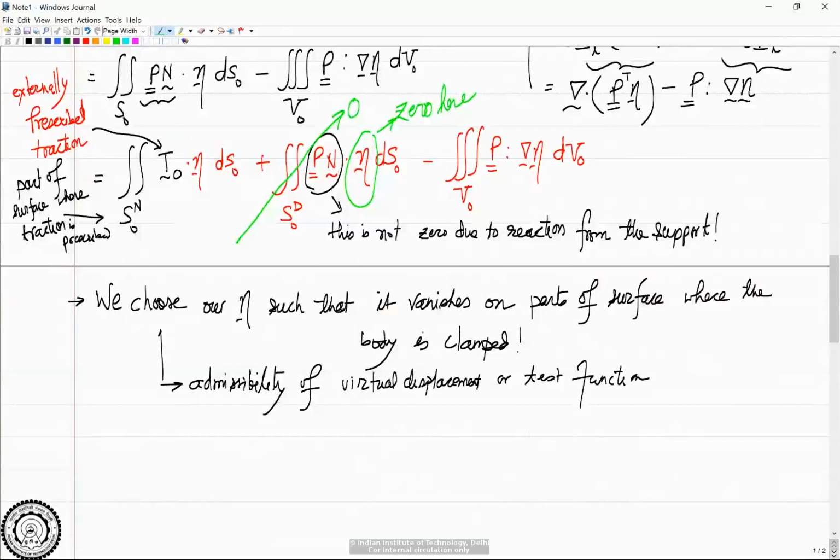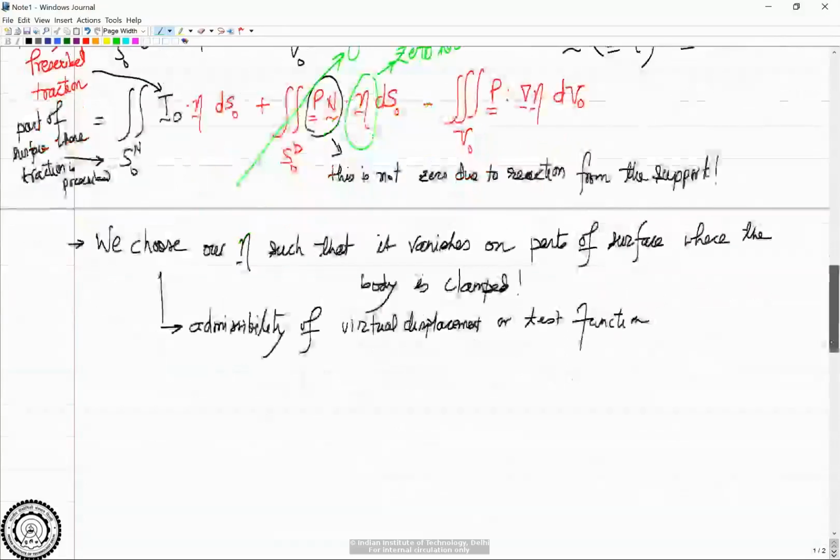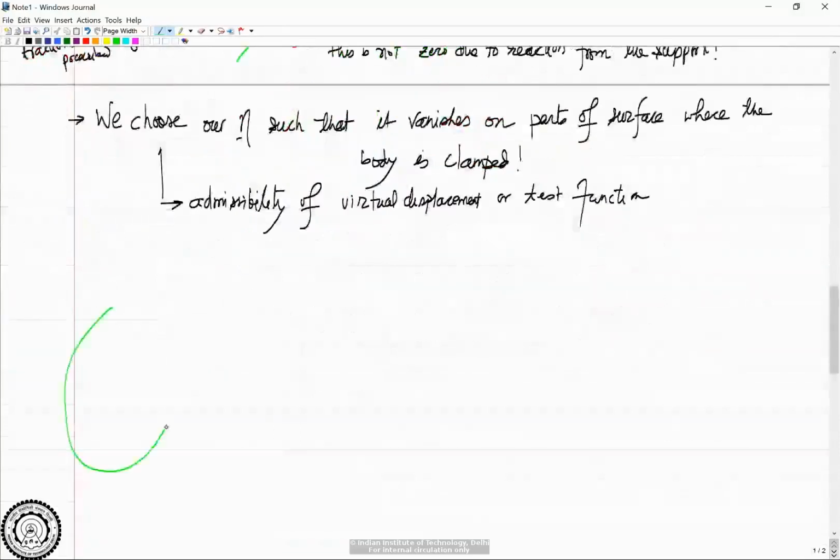Sir, can you please explain perturbation about equilibrium? Like, what do we mean physically by it? Physically, it just means you are disturbing the body. You're applying some force, and the body gets deformed. Let me write down that picture.